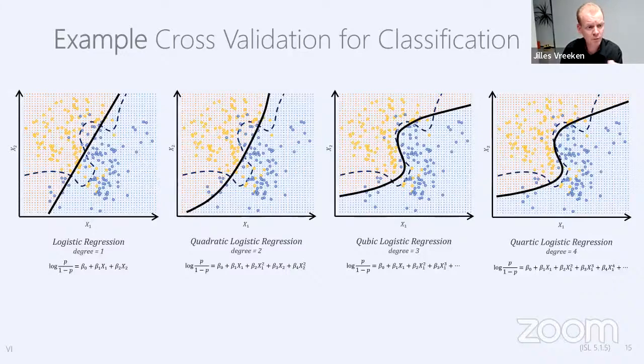Just by gut feeling, if we go from left to right, you would expect that the first one is a pretty bad fit, right? The dashed line is once again the Bayes optimal decision boundary. The quadratic is better than the linear, but yeah. The cubic, not bad, right? Not perfect, but it fits the data quite well.